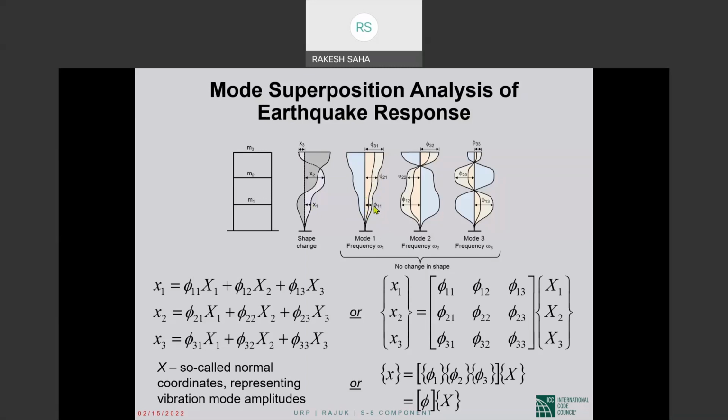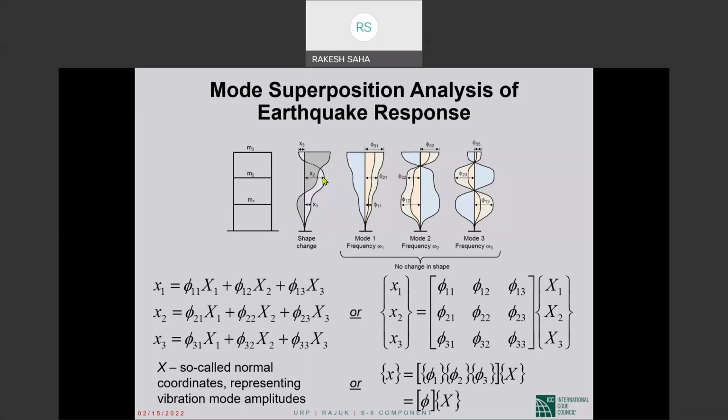Okay, that's phi 11. That is the modal ordinate, or the mode shape ordinate. So x1, this displacement, is phi 11 times a multiplier plus phi 12 times a multiplier plus phi 13 times a multiplier.